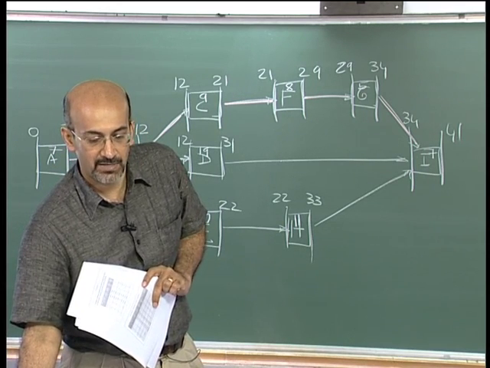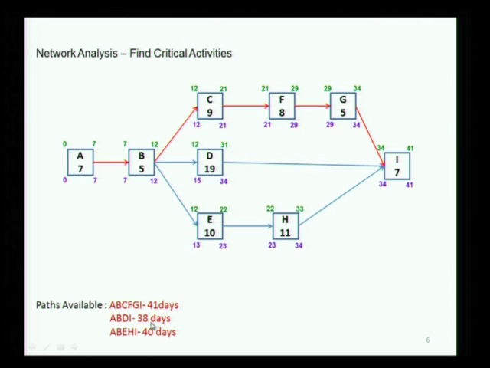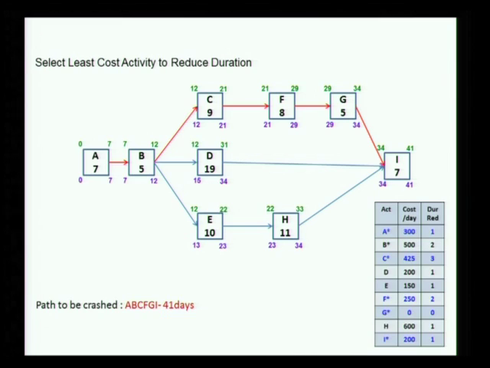You have A, B, C, F, G, I, which is 41 days, A, B, D, I, which is 38 days, or A, B, E, H, I, which is 40 days, and we see that obviously the 41 days is critical, which means my next step will be to take the activities on this path. I have put the crash cost of the activities per day beside them, so if I take the activities A, B, C, F, G, I, you can see the various costs 300, 500, 425, 250.